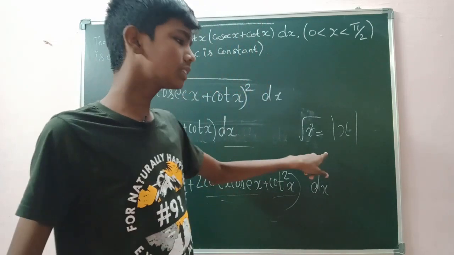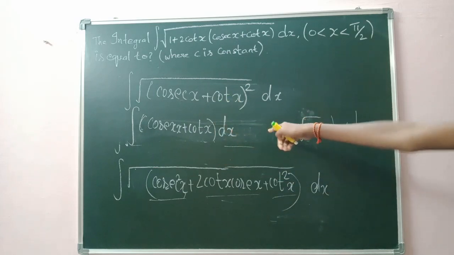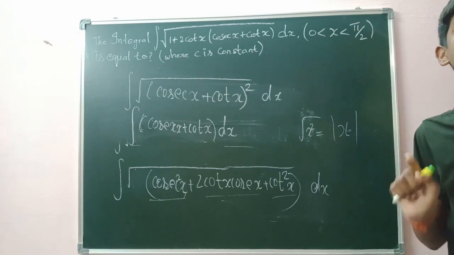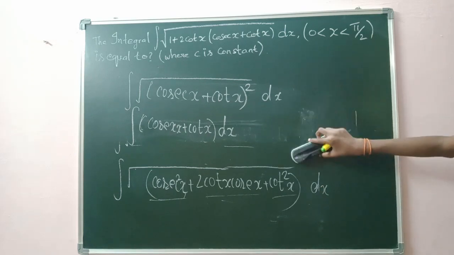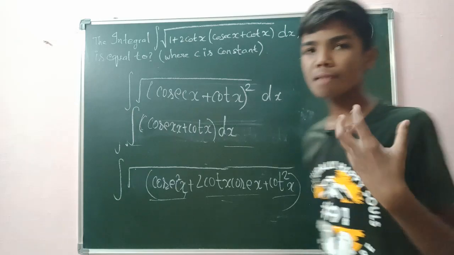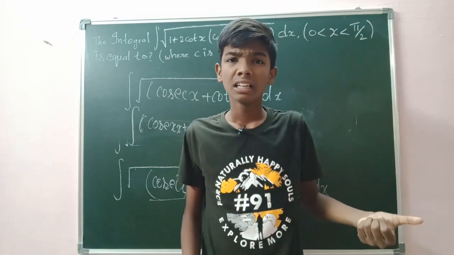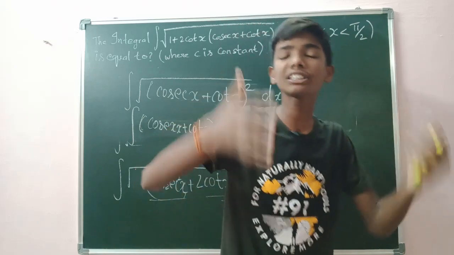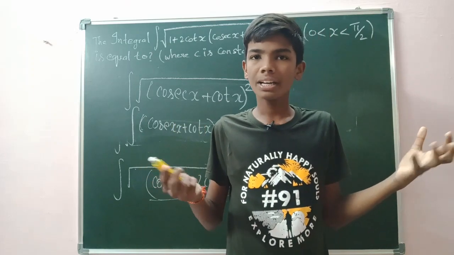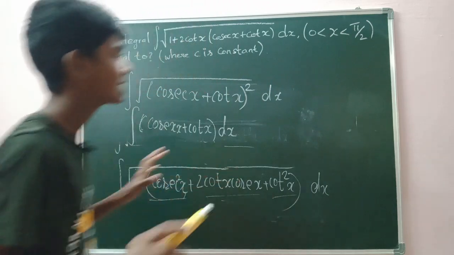Okay, but actually this is perfect. This is what we should do, but for simplicity I am doing like this, guys. And never ever forget, root of x square is mod of x, not x. Don't make this mistake ever, because we don't know whether your x is positive or negative. For example, if I am having root of minus 7 square, if you say that the answer is your x value, then it will be minus 7, but that's not possible. That's why I am saying mod of x. Okay, so please understand that, guys.